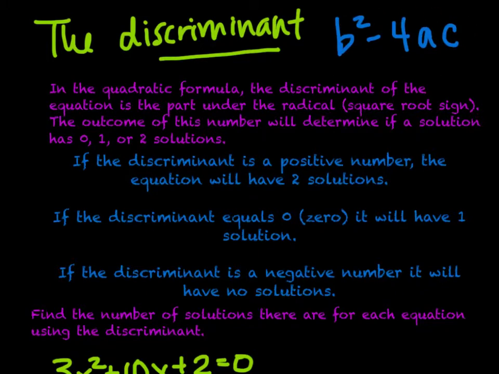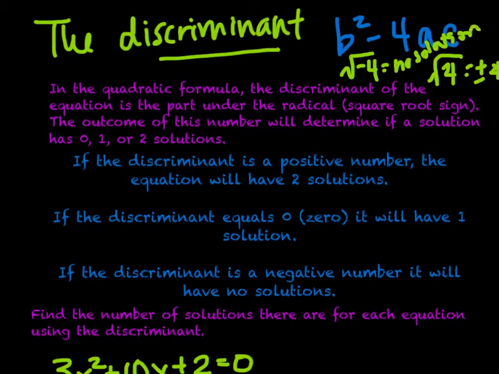If we recall, when we take the square root of, let's say, 4, we end up getting a positive or a negative 2. But if we took the square root of negative 4, we'd realize that there's no solutions. So this is the whole concept behind the discriminant. The discriminant is the part underneath the square root symbol.